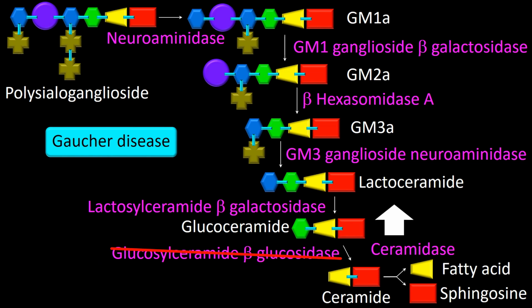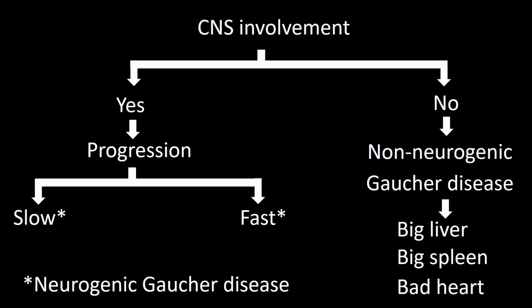As a consequence of this enzyme abnormality, lactocerebroside is increased. The accumulation of lactocerebroside produces a variety of symptoms. To start with, CNS may or may not be affected. If affected, progression may be slow or fast, the latter being greatly disabling in a matter of months, with minimal systemic manifestations.